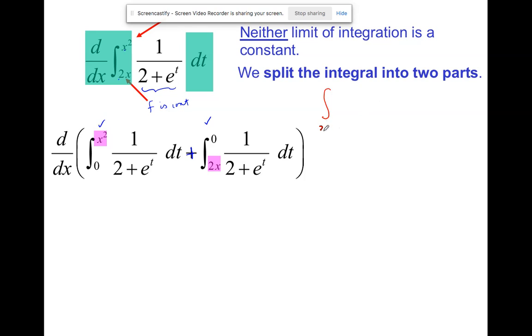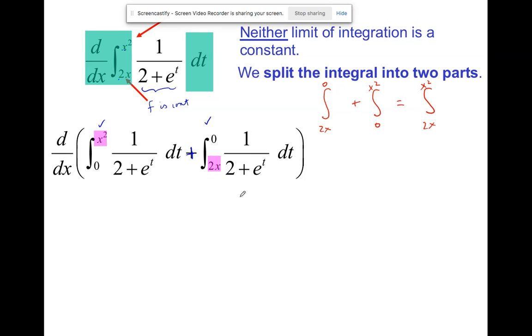If I start at 2x and stop at 0, and then add going from 0 to x squared, that is the same by the properties of integrals as going from 2x to x squared, right? That's what I did here, and all I did was change the order. Do you see why I would want to change the order?